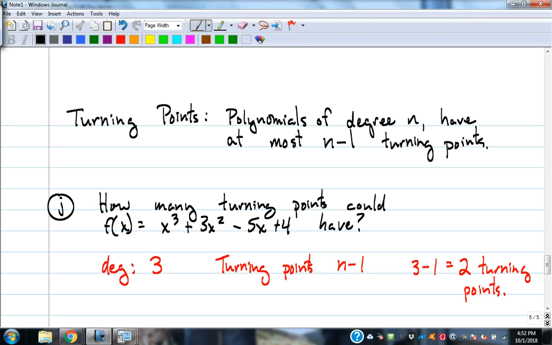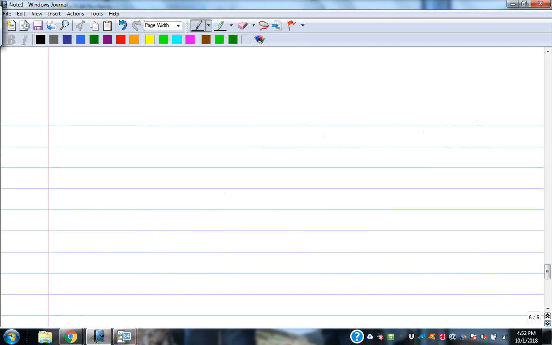Let's build polynomials before we start breaking them apart. Okay? So let's build a polynomial in standard form.